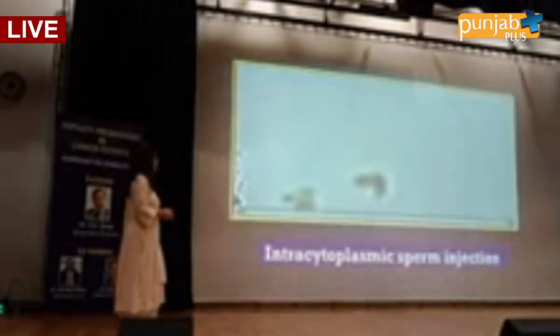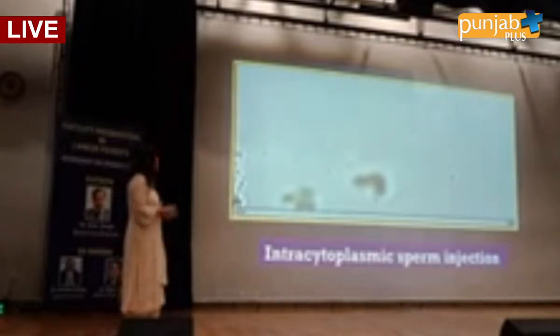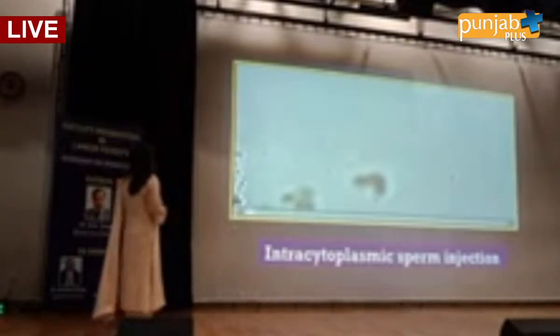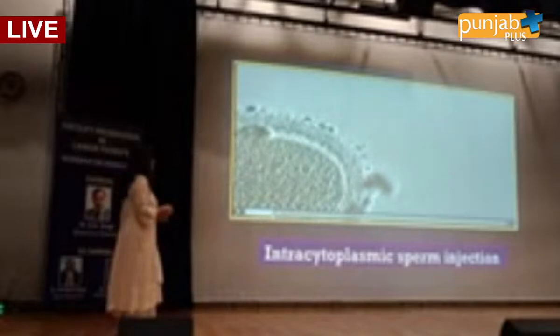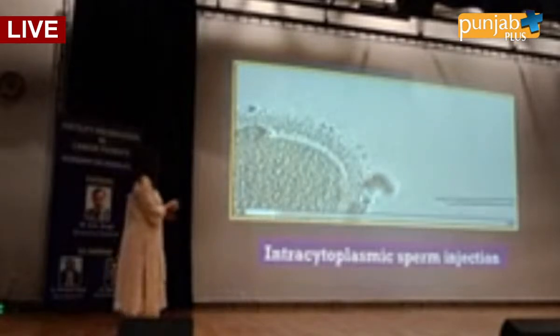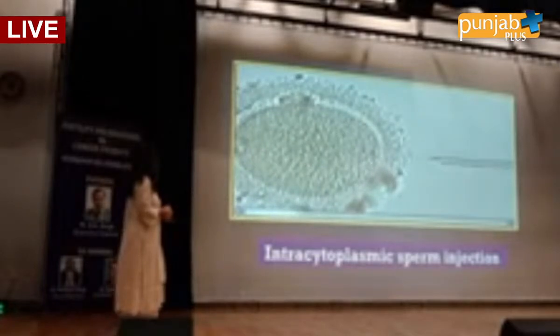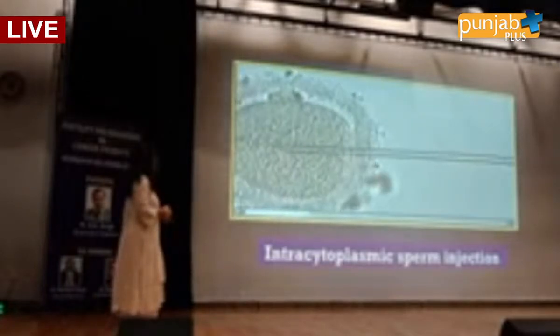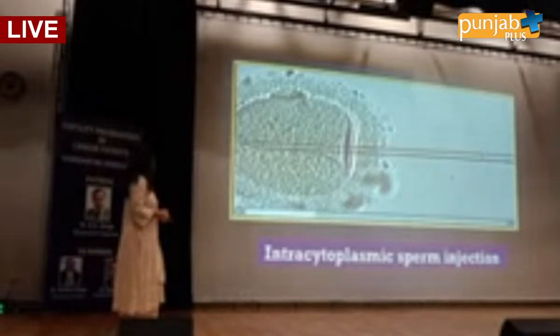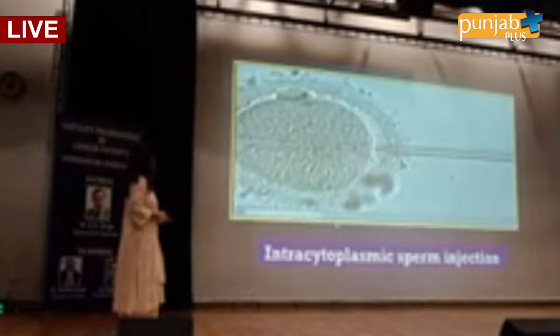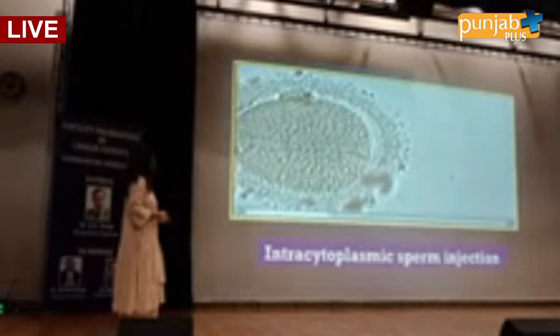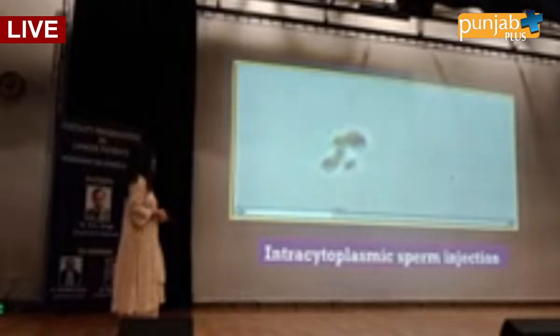So this video shows intracytoplasmic sperm injection. Increase the speed a little bit. Yeah. So this is the M2 oocyte. We can see the polar body because this is a higher magnification. This is the zona pellucida membrane. And this is the injection needle with the sperm. It pierces the zona pellucida and then it goes into the cytoplasm.